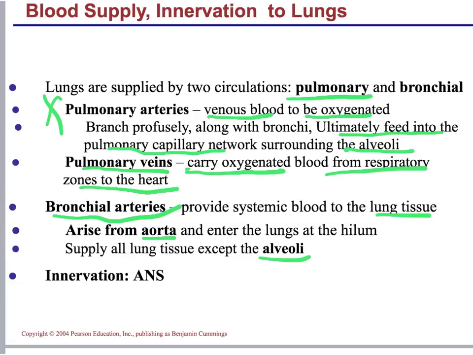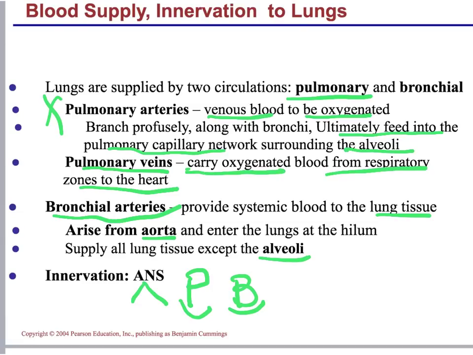Now, what I want you to remember from this innervation is that the parasympathetic nervous system causes the bronchioles to constrict. Okay, so the parasympathetic nervous system, when stimulated, when it releases its neurotransmitter, will cause the bronchioles to constrict. This is in some conditions like asthma.